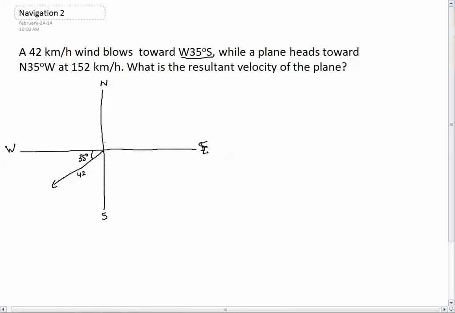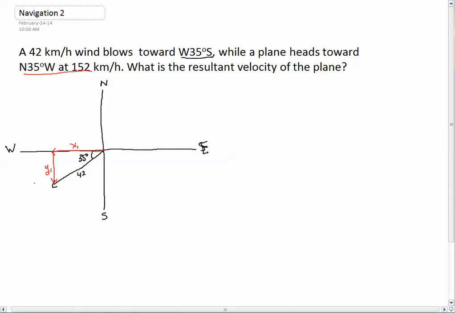So we have the x component here, x1, and we have y1. Now we're going to add to that a vector that is going north 35 degrees west. So that means from the north we're going 35 degrees to the west.